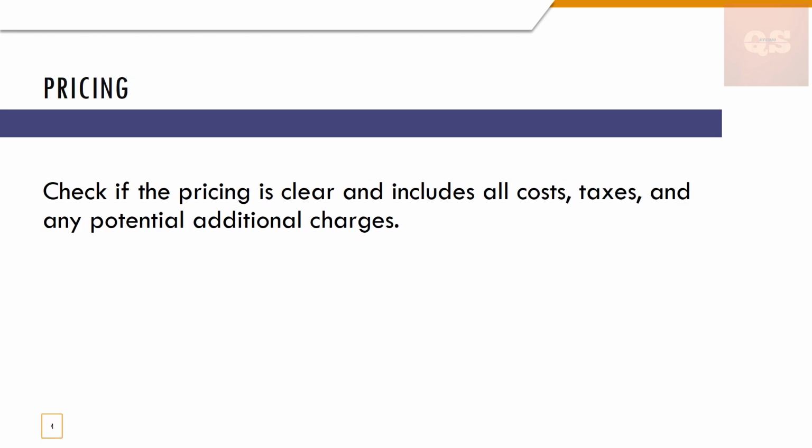Next is obviously the pricing. Check if the pricing is clear and includes all costs, taxes, and any potential additional charges. So make sure that whatever price has been quoted includes all the legal requirements, all the taxes, and whichever country it is from, there might be different types of taxes, service tax or goods and services tax, or many other things, also some percentage on transportation or some percentage on packing.